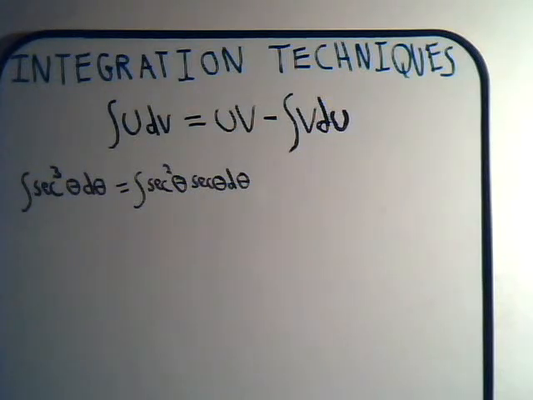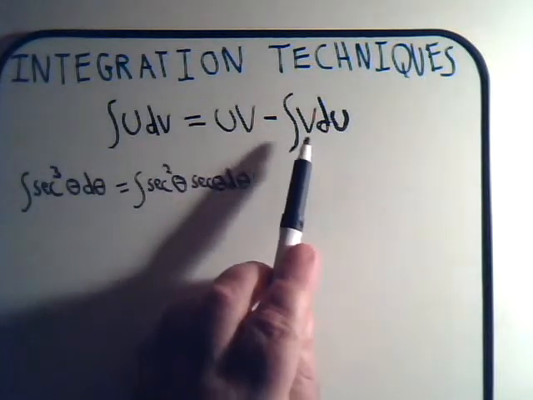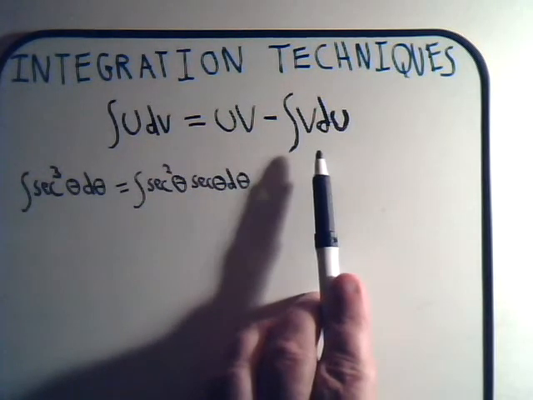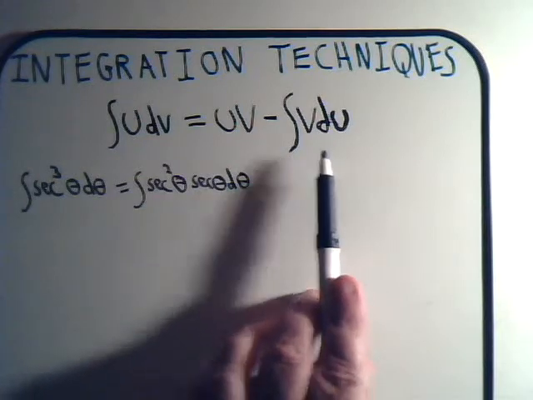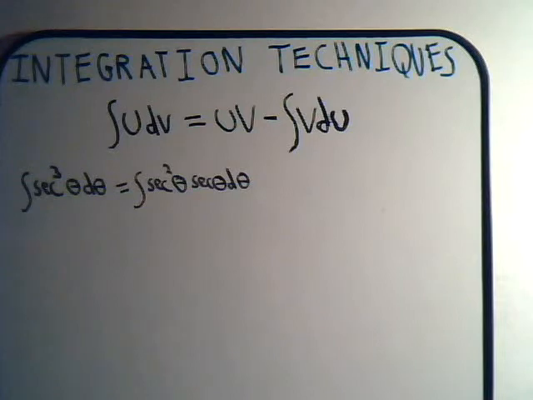Okay, let's try this. Now, if we're going to use this form of it and try to work with it, we have to choose what we want to call u and what we want to call dv. As we're making that decision, not only do we have to be cognizant of what we call dv, we have to be able to integrate it to get v, but when we form this new integral here, we want it to be less complicated than our original integral, not more complicated.